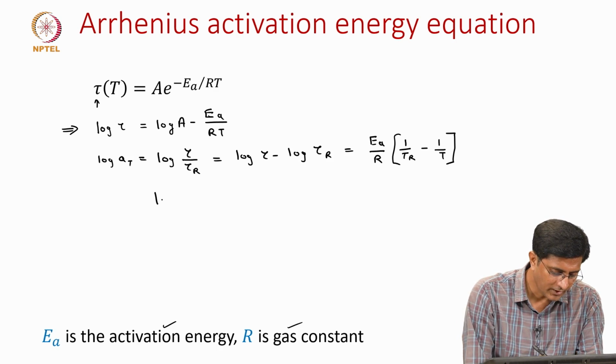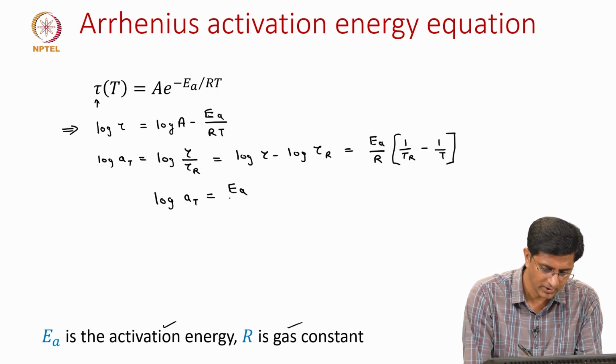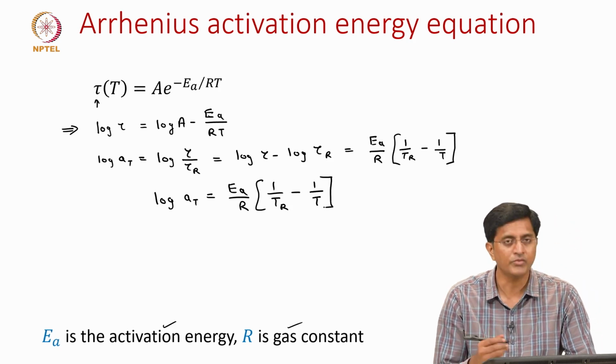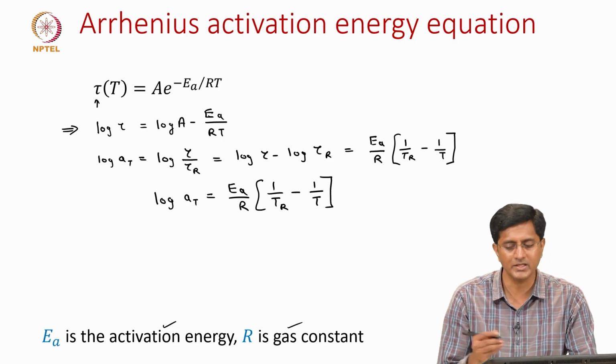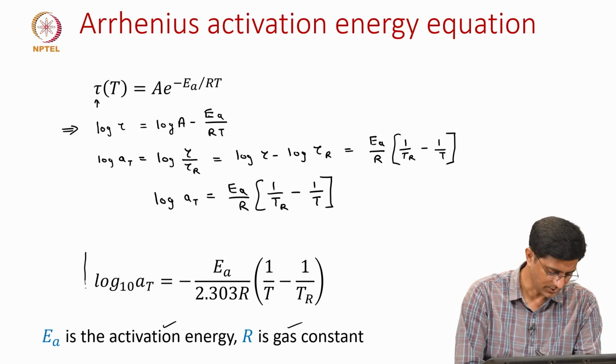So, now we can write log AT equals EA by R times 1 by TR minus 1 by T. Now, if I write this in terms of log base 10, the final expression will have this.